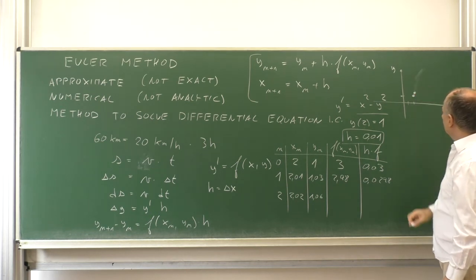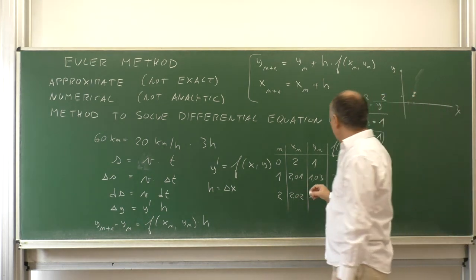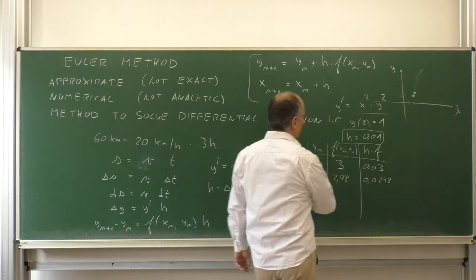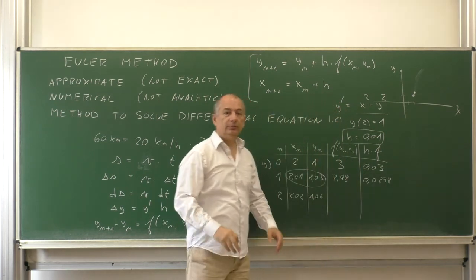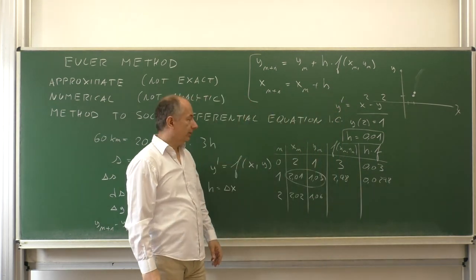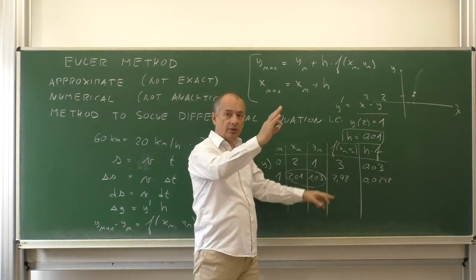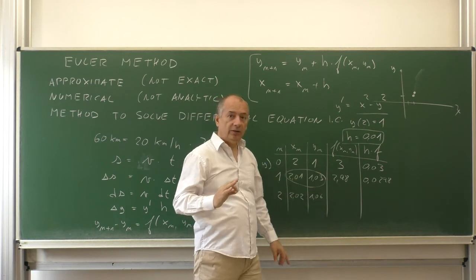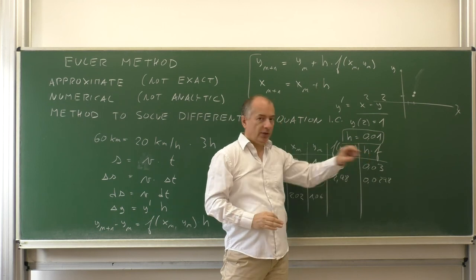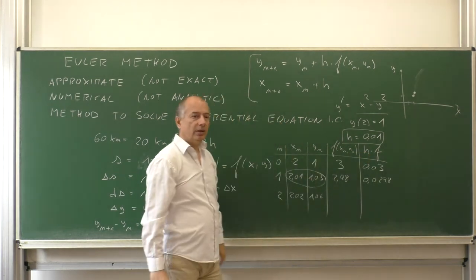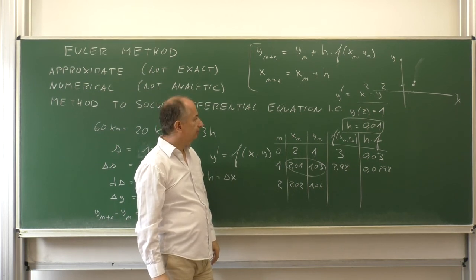And then we move to a new point if we increment x and y. And then this new point is the new position in the xy plane, and the play repeats on and on. At this new point, we evaluate the f, so we find the slope of the tangent. That means we find the direction in which we should go, but we go only for a very small distance given by the step size h.